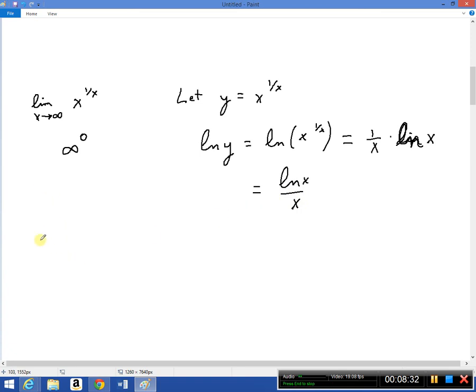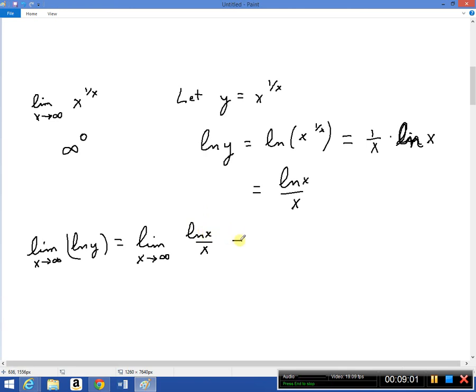So we can now ask the question, what happens to the log of y as x goes to infinity? In other words, what is the limit as x goes to infinity of not y, which is what we want, but the log of y? And the answer is it's the limit as x goes to infinity of log x over x. And as x gets large, bottom obviously gets large, numerator also gets large, somewhat slower.